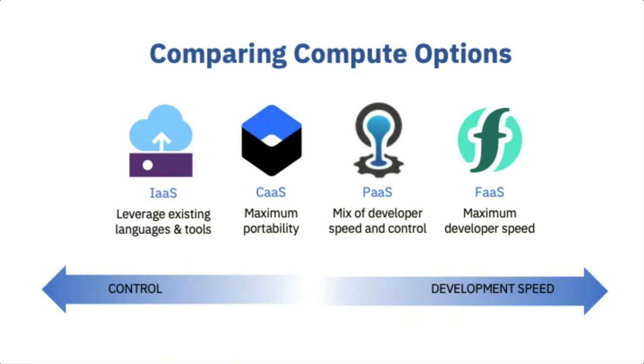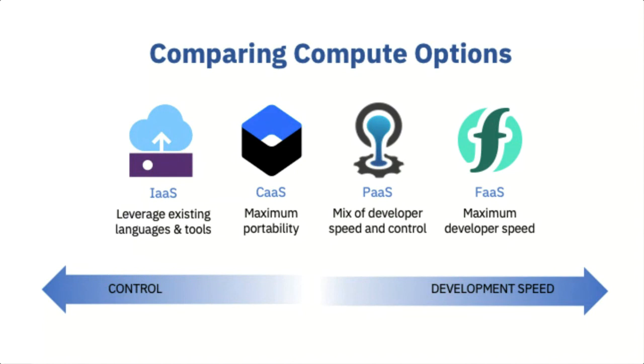This is going to give you a mix of developer speed and control. It still gives you a good amount of control, but it allows you a lot more speed to get up and running and get to the development pieces that are the most important parts of your job as a developer. You don't have to mess as much with the underlying infrastructure.